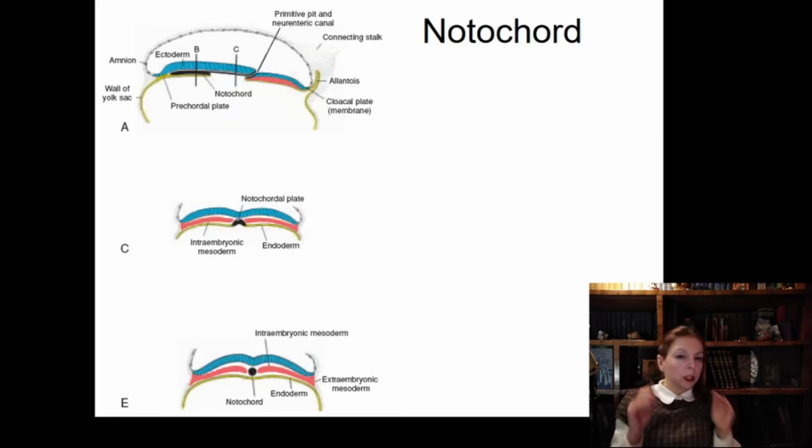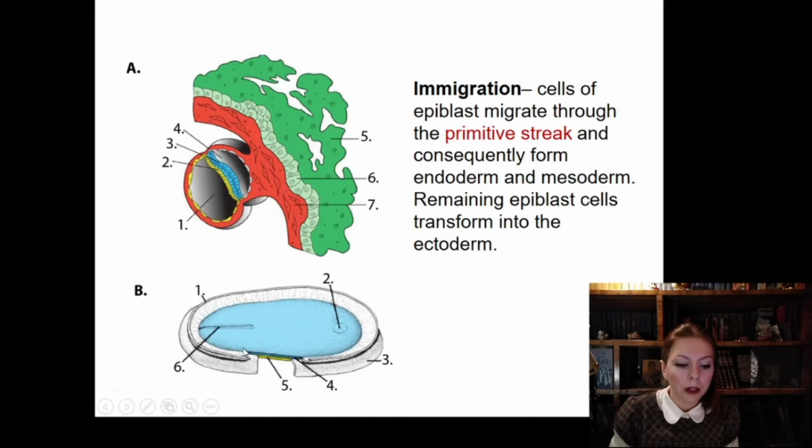Okay, so just after the process of immigration, we have to discuss how the notochord is formed. The notochord is the linear skeleton, the first body axis formed in the embryo. Once cells start to move through the primitive streak, at the top of the primitive streak the so-called primitive node is formed, and cells from the primitive node are first to migrate downwards.